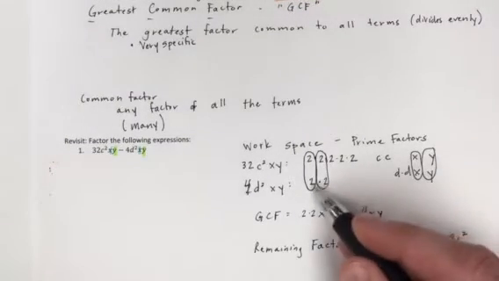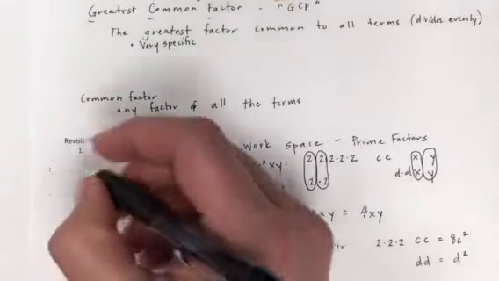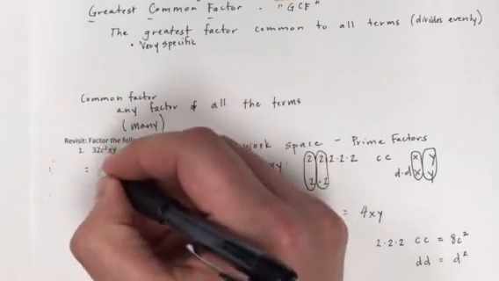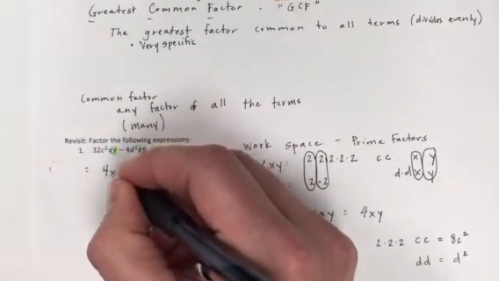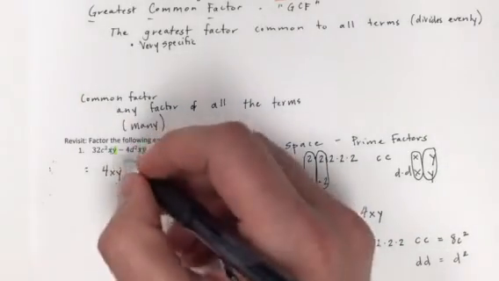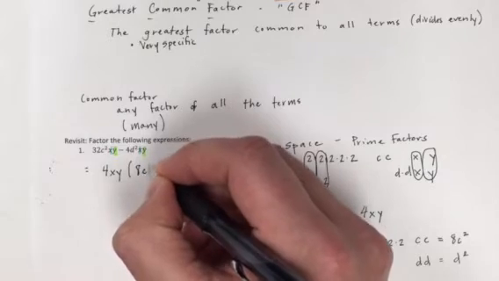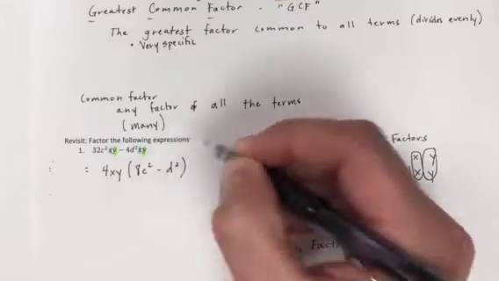There are no more numbers left here, but I see a d times a d, and so this is going to become d squared. Where this is helpful is you can rewrite this expression as 4xy from the GCF and then the remaining values for the terms. So 8c squared minus d squared.